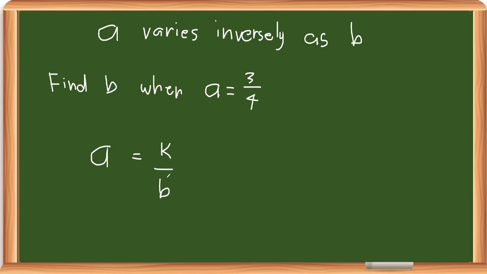Okay, so in order for you to get the K, therefore, you have to multiply. Kulang yung given ko. A varies inversely. Find B when A is 3 over 4 and the constant is 2. Okay, given dito yung constant.